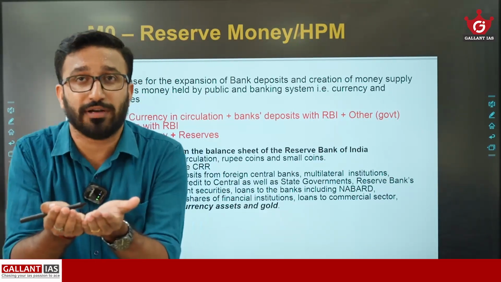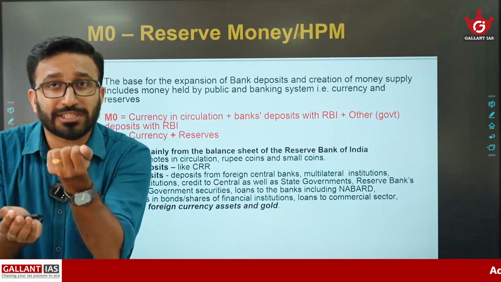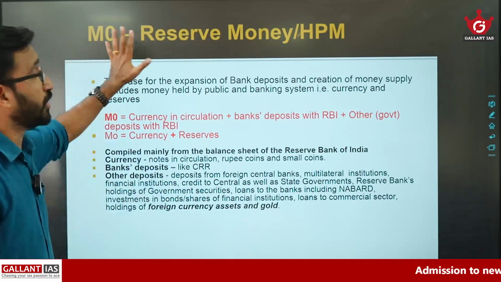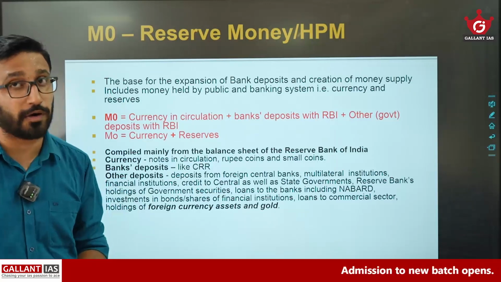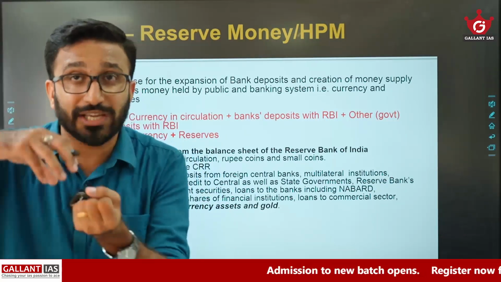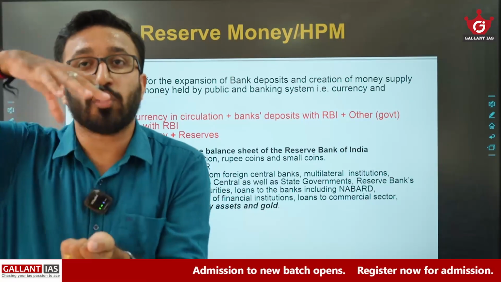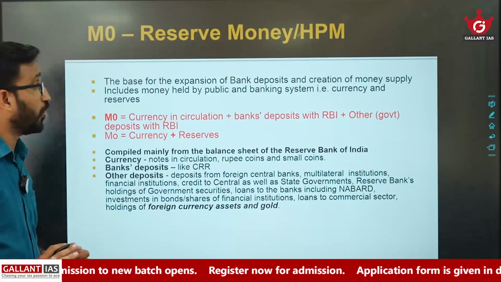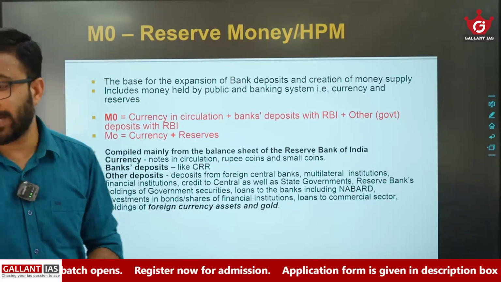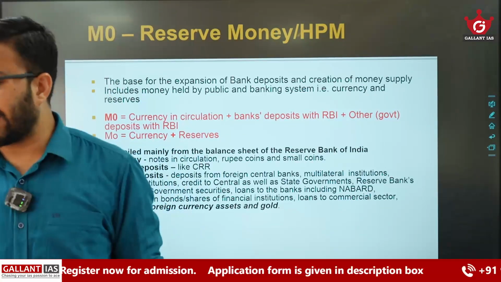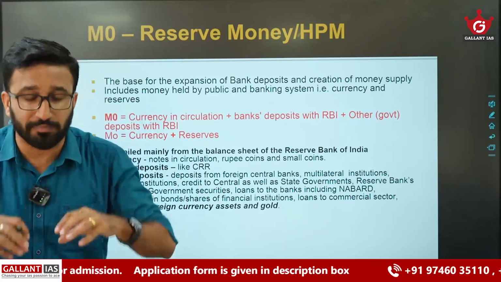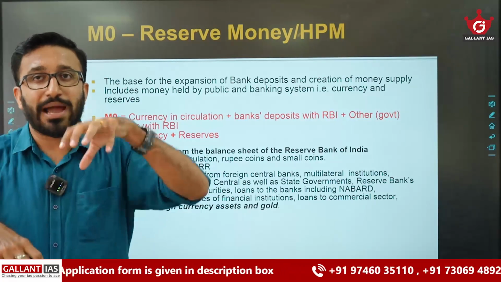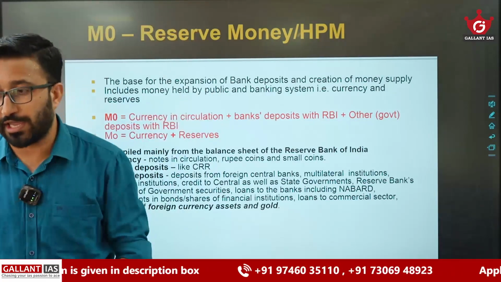So this is the foundation money, which is the reserve money or high powered money or monetary base. From this base, we will create more money in the economy. It is the base of expansion of bank deposits and creation of money supply. So from this monetary base, banks will create more and more money.